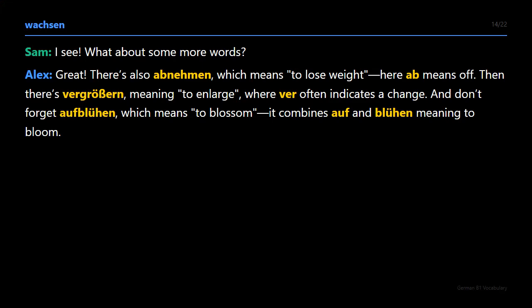And don't forget aufblühen, which means to blossom. It combines auf and blühen, meaning to bloom.